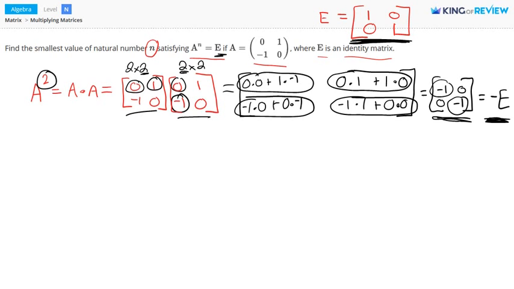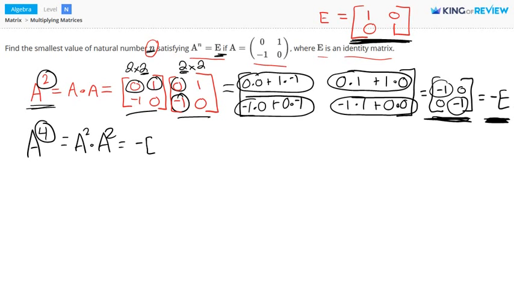So now let's try A to the fourth power. We want to try 4 for this value of n. This is the same thing as A squared times A squared. We found A squared to be this matrix here, which is negative E, or negative 1 times the identity matrix.